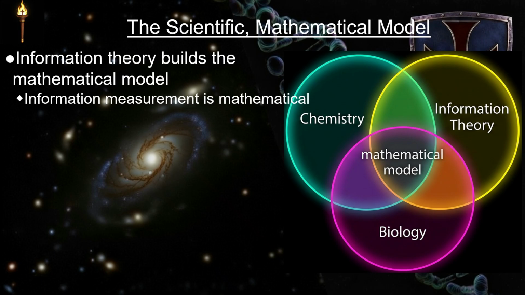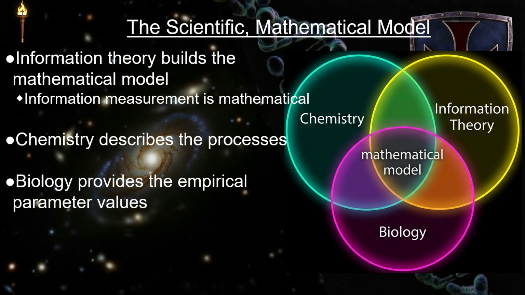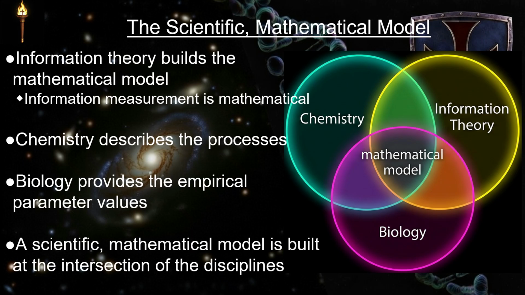You can actually measure information. That's the math part of this. Chemistry is used to describe the processes, and biology provides the empirical parameter values that are used to make the calculation. So we're going to build a scientific mathematical model at the intersection of these 3 disciplines.